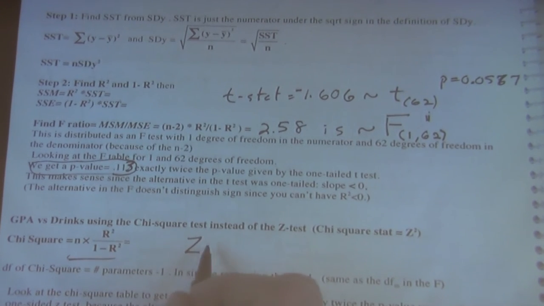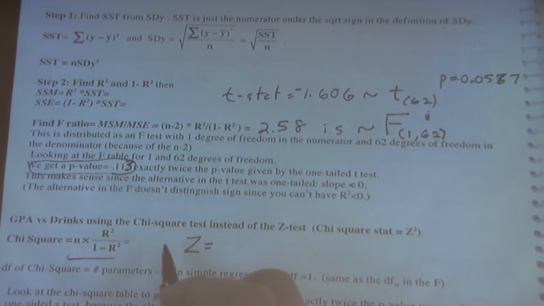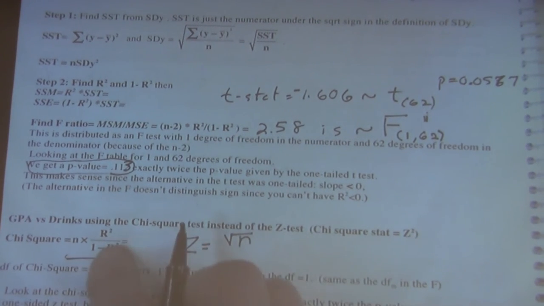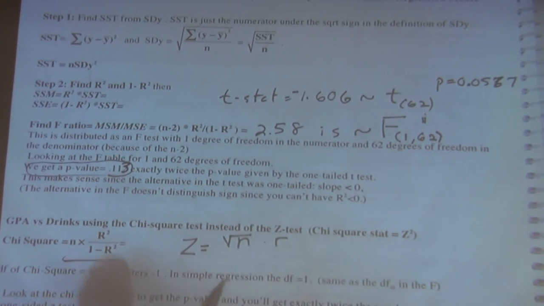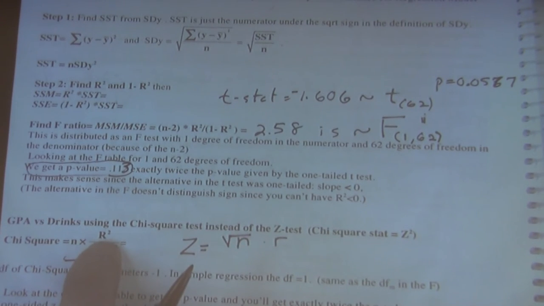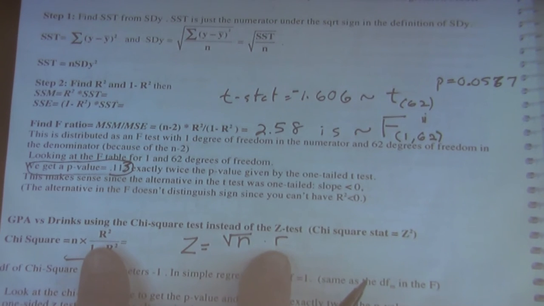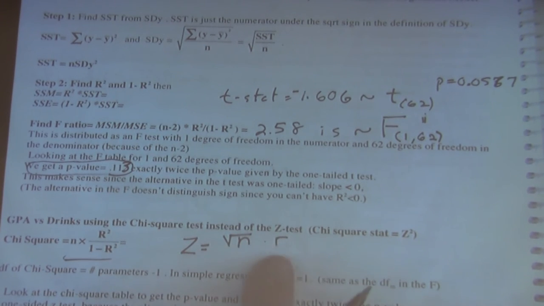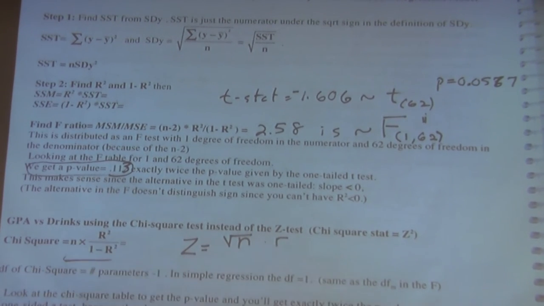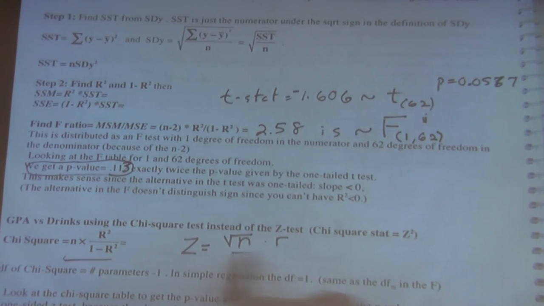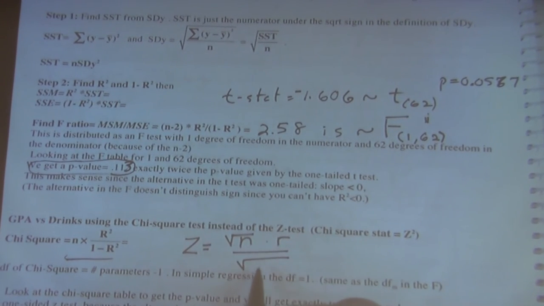So remember, our z is the square root of n times r, which is the same as the capital R, the only difference in this case being that this r can be negative. Capital R is always positive. And that's over the square root of 1 minus r squared.